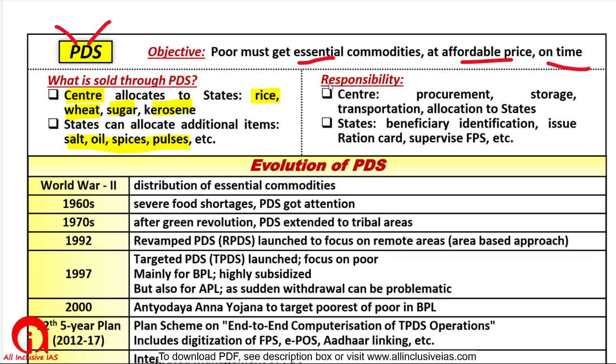Fine. The responsibility of center is to procure. Central government procures through FCI, Food Corporation of India, mainly, okay? The central government will procure, store and transport and allocate to the states. State government will identify the beneficiary, issue the ration card and supervise the fair price shops.